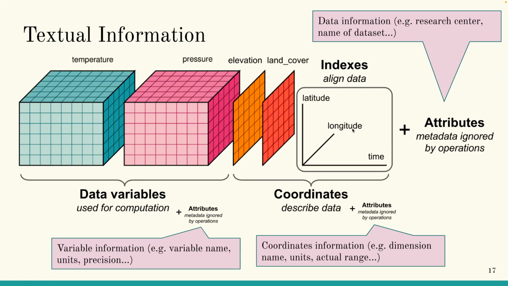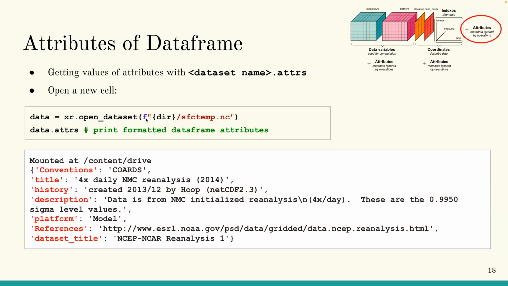So there are 3 types of attributes in here. For the attributes of the data frame, if you want to print that, just type data.attrs, just like printing coordinates or dimensions, and it will give you some textual information, a description of the data.